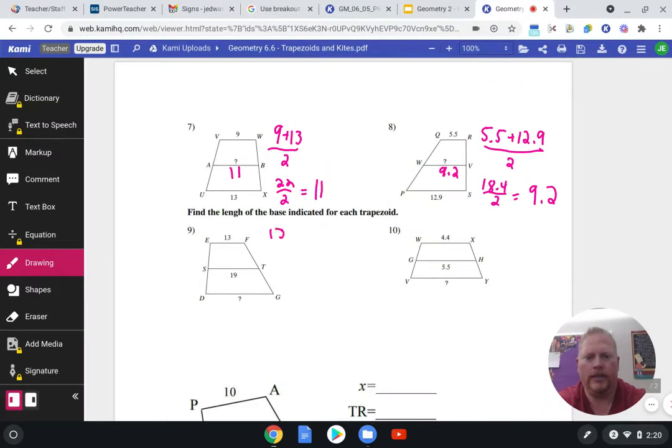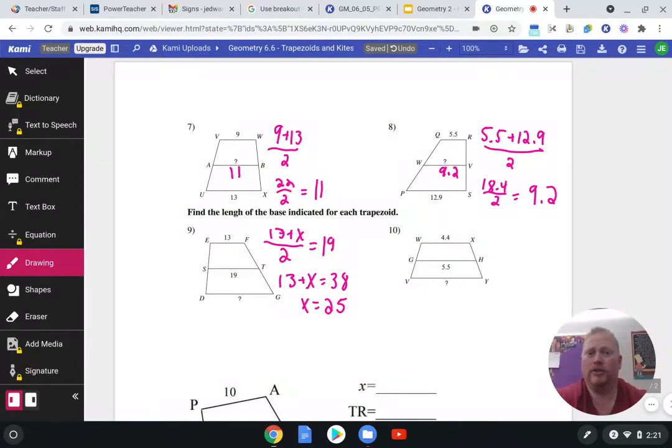I'll take 13 plus x and divide it by 2, and that will equal 19. Okay, so I'm still adding up the two bases, dividing by 2, and that's the length of the mid-segment. Now, to get rid of that fraction, I'll multiply by 2. So that's 38. And then subtract the 13 from both sides, and I get 25.